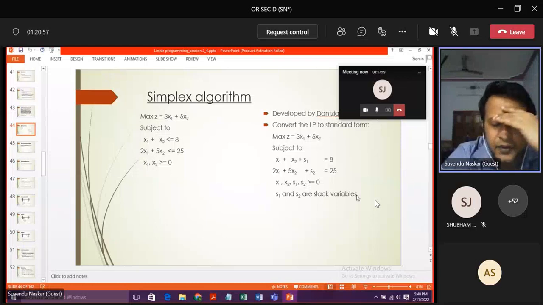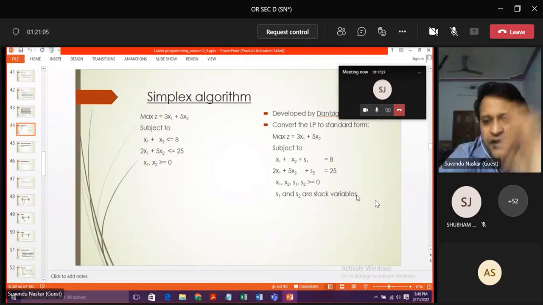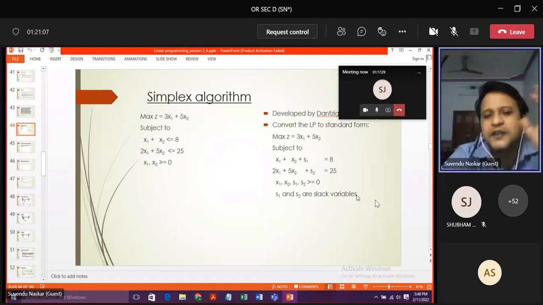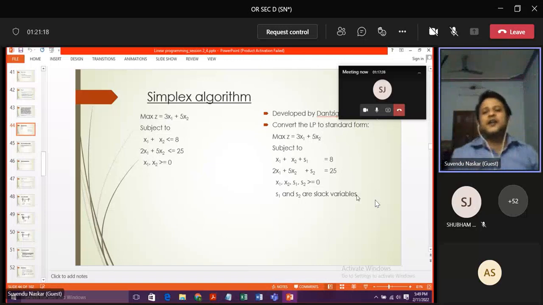Your books will also mention it. But understand the basic things. What we will do is convert the inequalities to equalities. In order to convert the inequalities to equalities on the constraint function, we will introduce a set of slack variables. Let us denote slack variables as S1 or S2, whatever, so that we understand that our decision variables are these and slack variables are these.